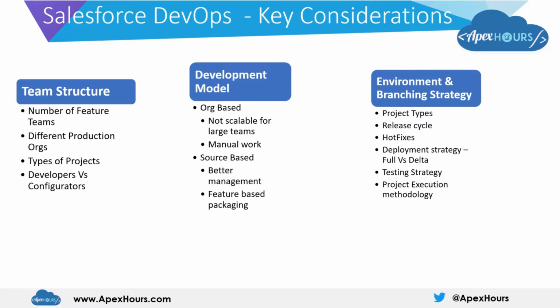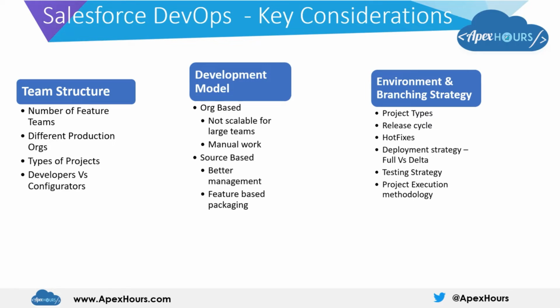Most of the time now, many customers have started to use scratch org based development, because it is short-lived and each developer can create his own scratch org for development, so that we can do independent development. One developer's code is not going to affect the other developers. That's the biggest advantage of scratch org based development.